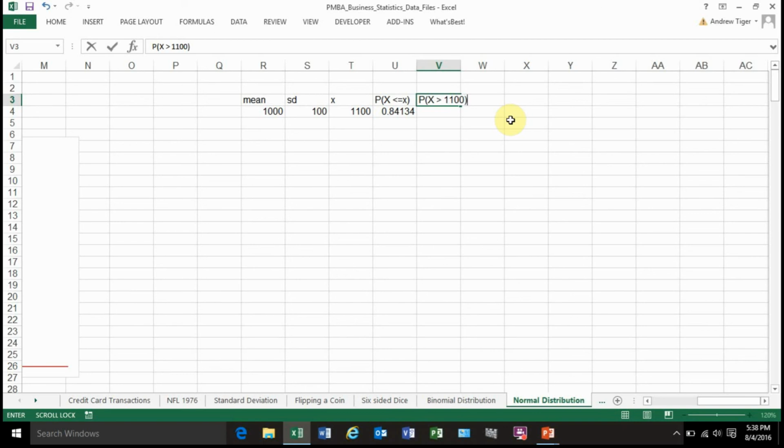How you solve for that is you take 1 minus the probability that x is less than or equal to 1,100. So we're just going to say equal to 1 minus this. So the chance that we're going to run out is about 16%.